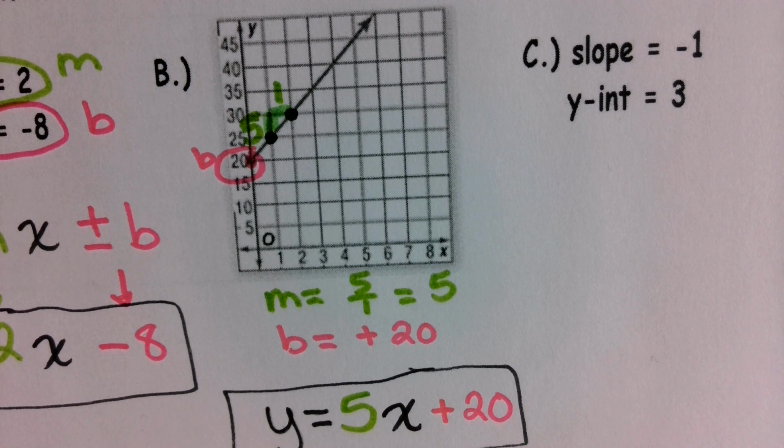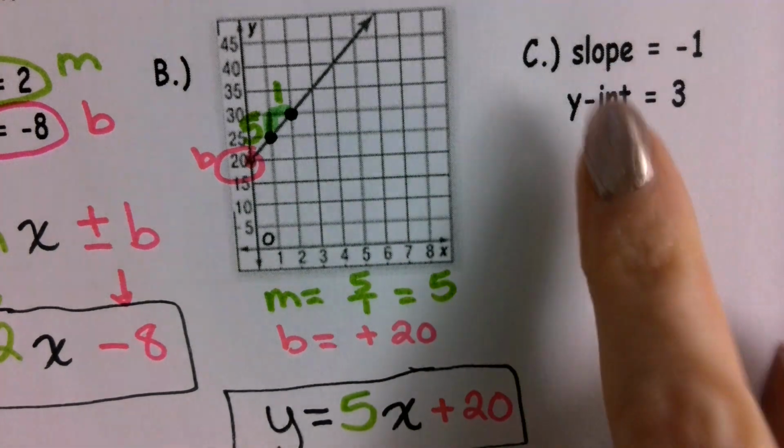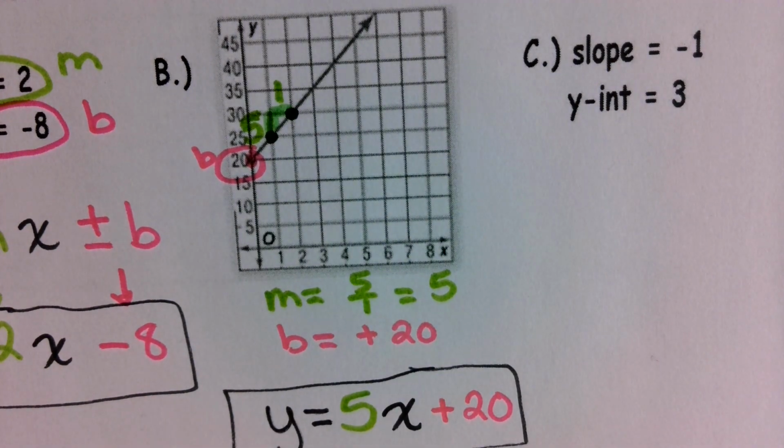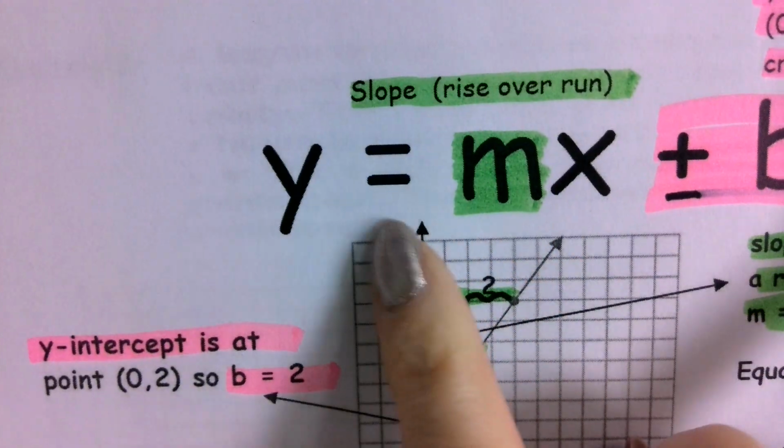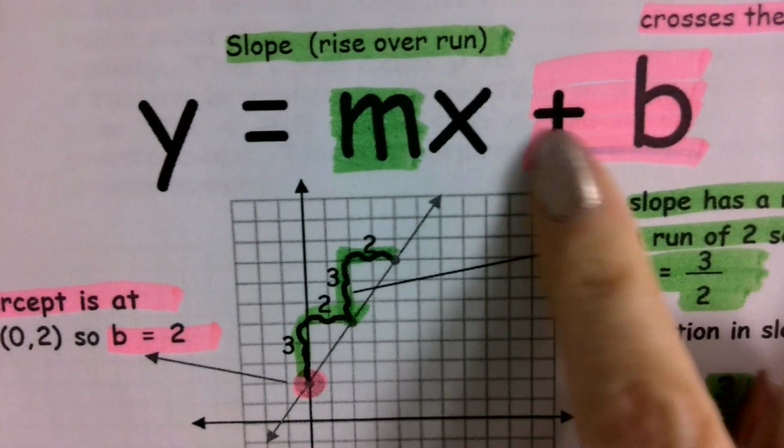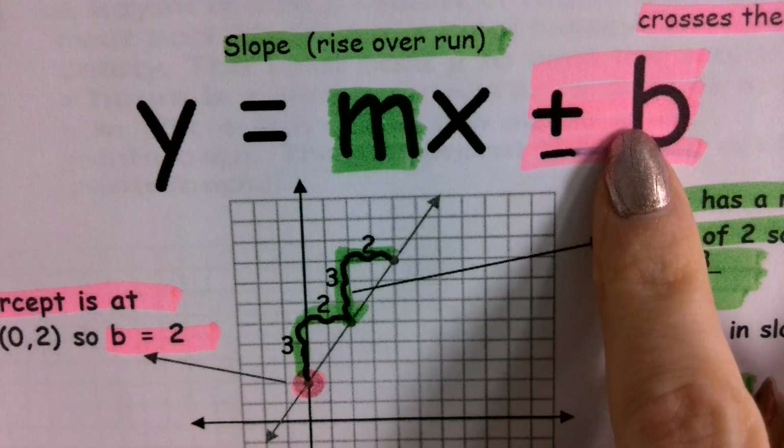Y equals mx plus b. What's my m? We're on problem C, honey. What's my m? Look up here. M represents slope. B represents the y-intercept.